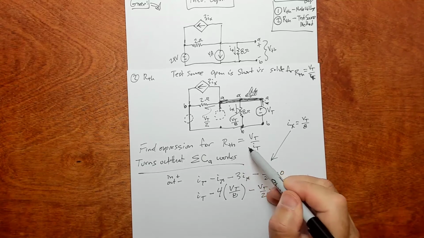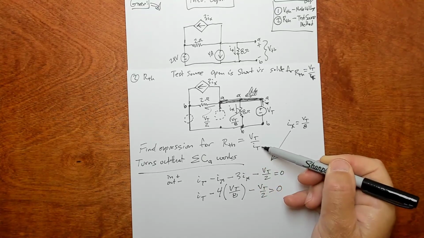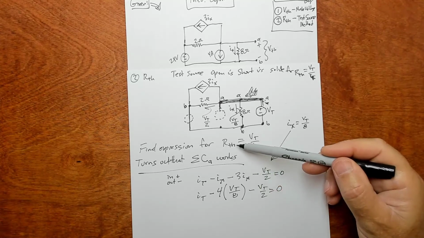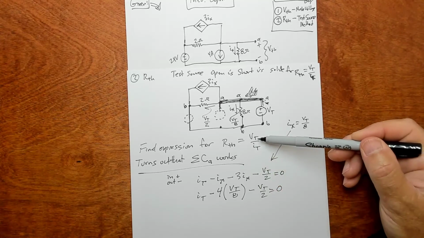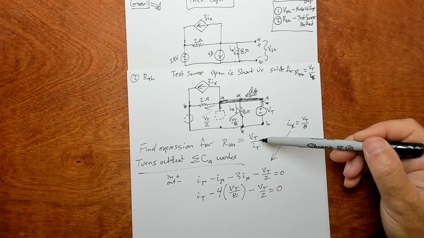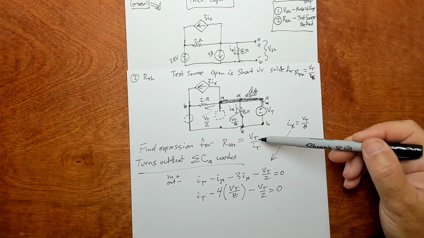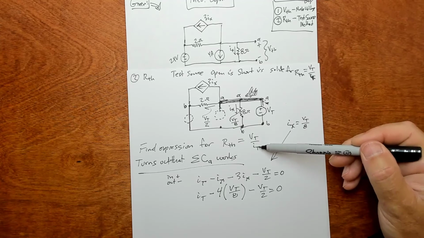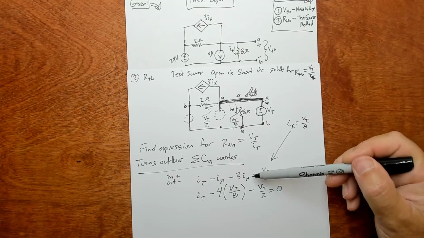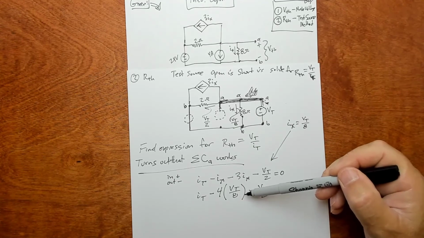We're looking for an expression in terms of Vt over It, and that'll give us R sub Thevenin. So what I'm saying is we don't actually need the Vt value and the It value. We just need this ratio, Vt over It. We can get that out of here algebraically. That's the trick.